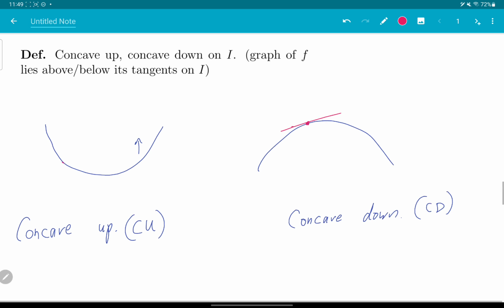And likewise for concave up, if I have a little point here and I draw a tangent, you'll notice that the blue curve, the function f, is entirely above that tangent.